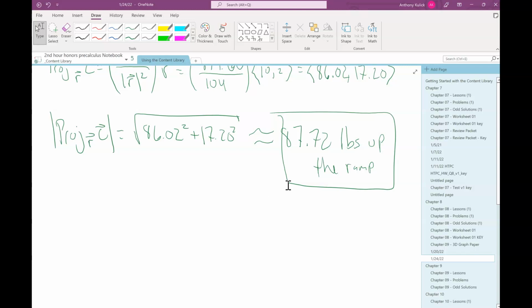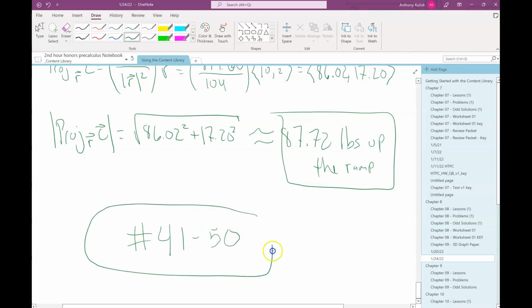At this point, you could add 41 to 50 to your problem set. And you guys still have, I don't know, 15, 20 minutes here to get chugging away at these things. My suggestion is to take that 15 or 20 minutes right now and try to do a little bit of this, 41 through 50.